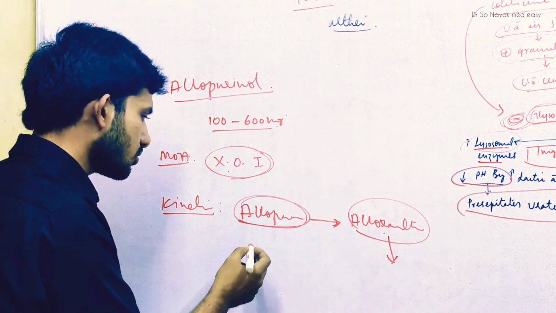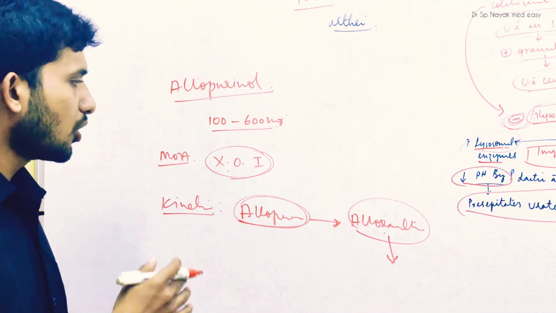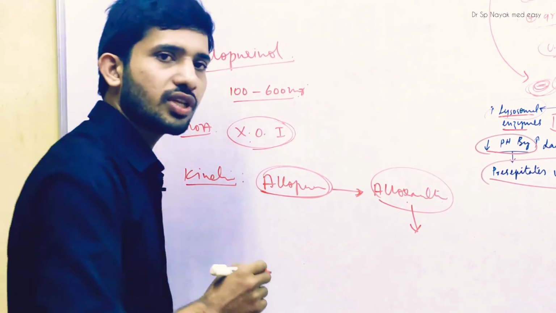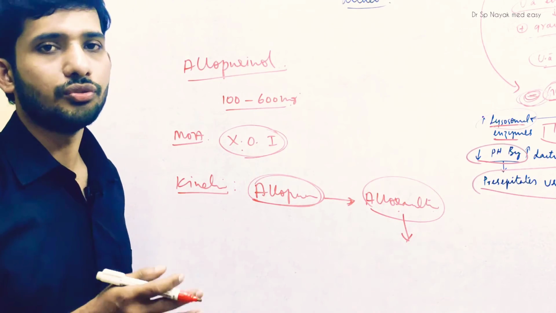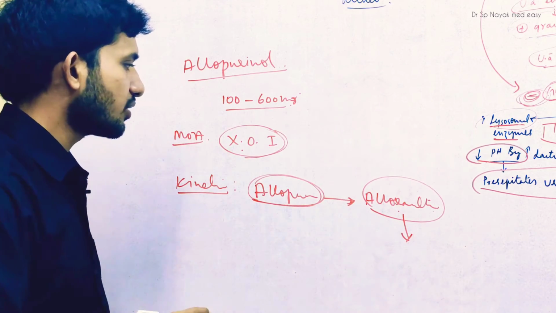Most of the allopurinol is excreted as alloxanthine, and one third of allopurinol is excreted unchanged through urine. So this is the kinetics of allopurinol.